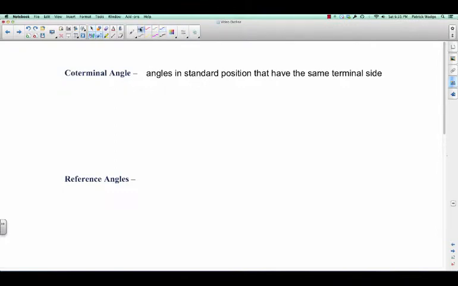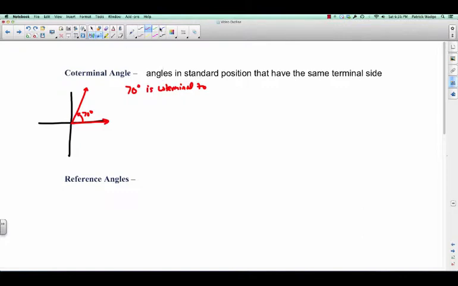So let's give you a little example of that. Coordinate plane, I'm going to draw an angle in standard position. There's the initial side. I'll put the terminal side up here, and let's just say, I'm just making this up, but let's just say this is 70 degrees. Okay, so 70 degrees is coterminal to, what could we make it coterminal to?